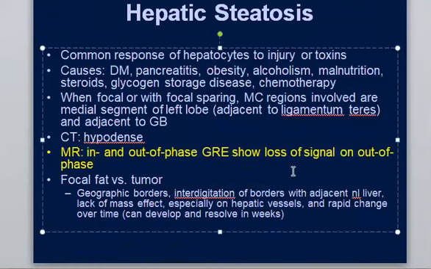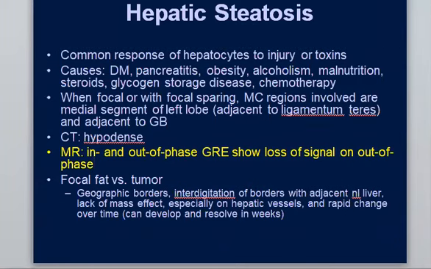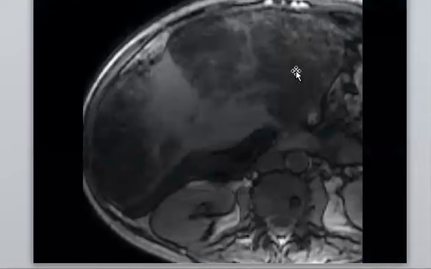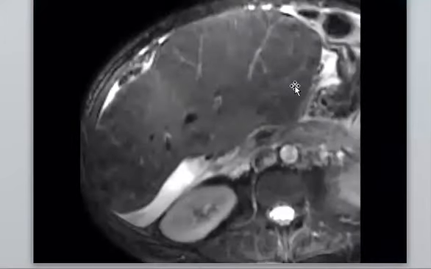Why? Because there is macroscopic fat or microscopic fat. What is the type of fat which is suppressed in the out of phase? Macroscopic or microscopic? Yes, it is microscopic fat. And which fat is suppressed in the T2 fat suppression? The macroscopic fat. Yes, that's right.